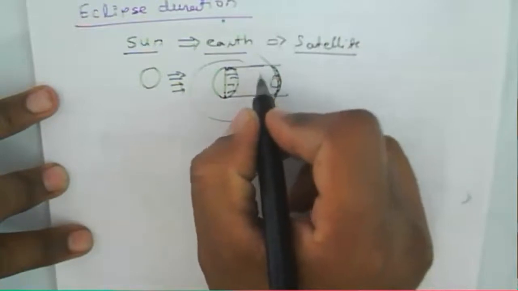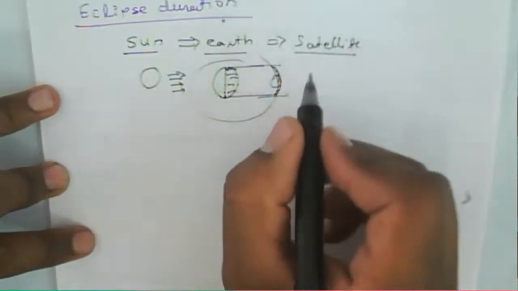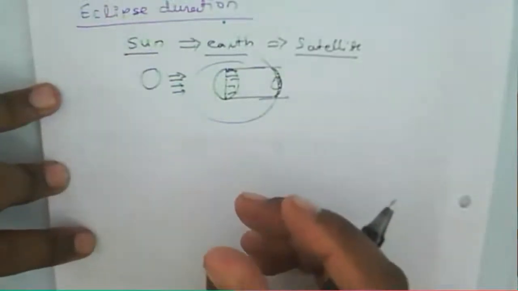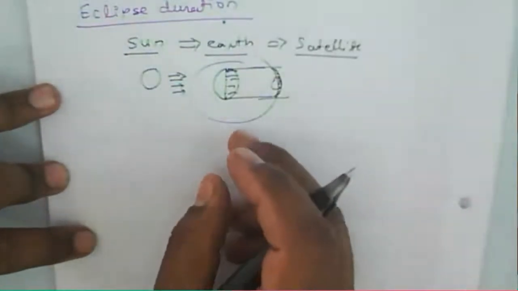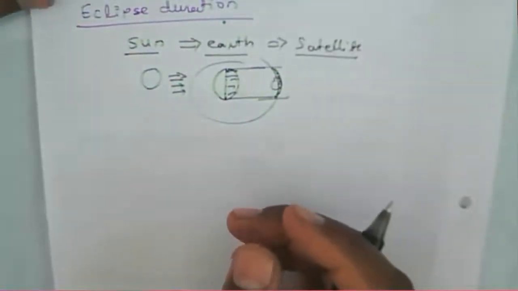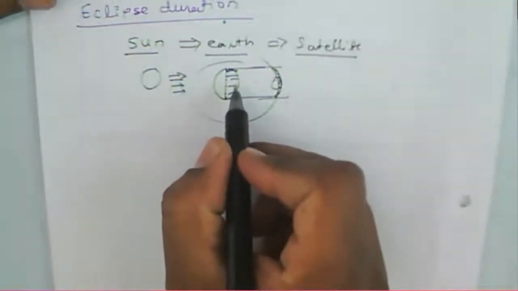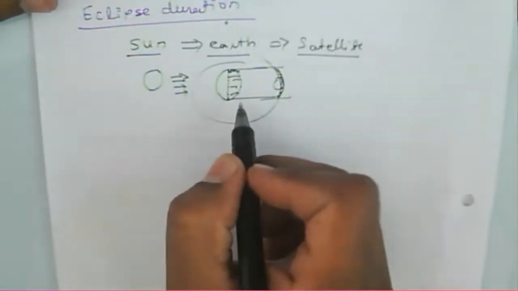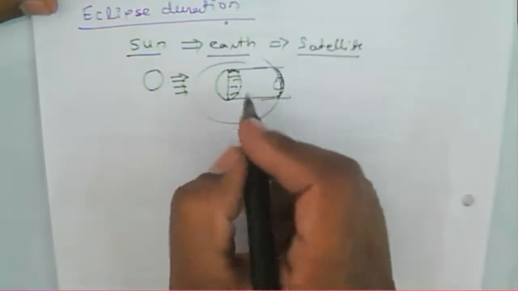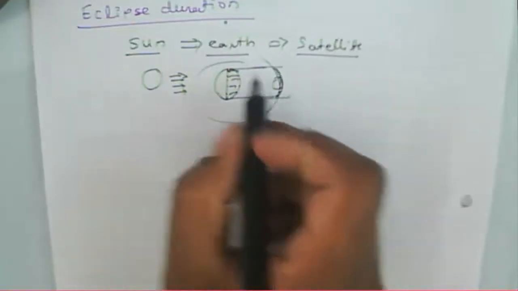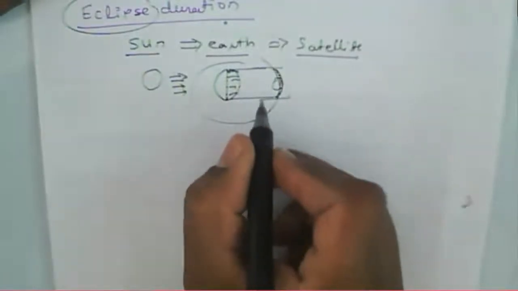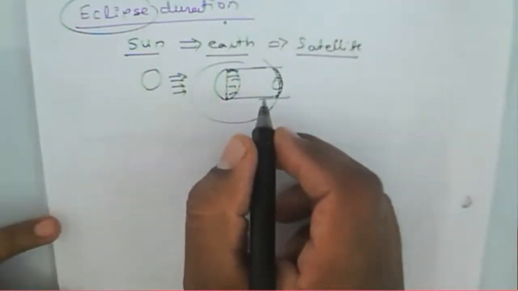That's why we consider the geostationary satellite here. Other satellites have a rotational period of 90 minutes or 120 minutes, so they have a short eclipse duration. But in the case of a geostationary satellite, the plane is on the equator itself, so the eclipse duration will be more.